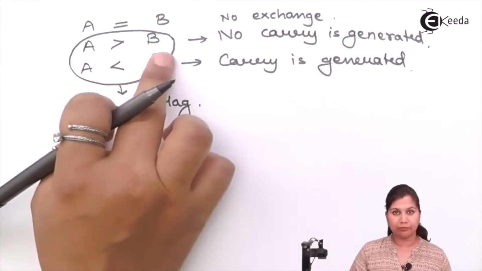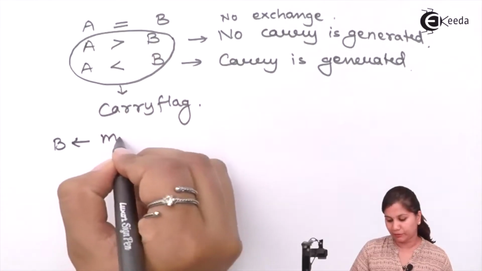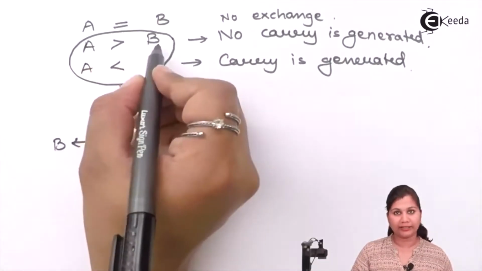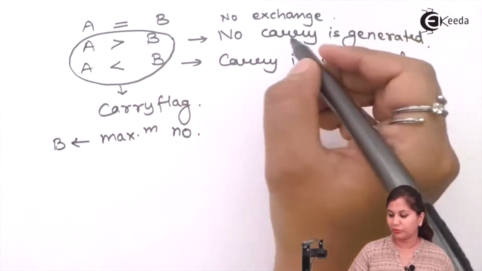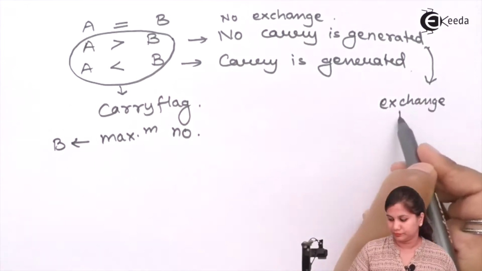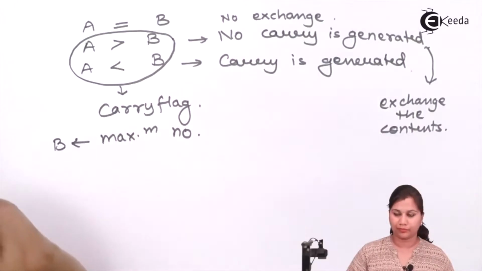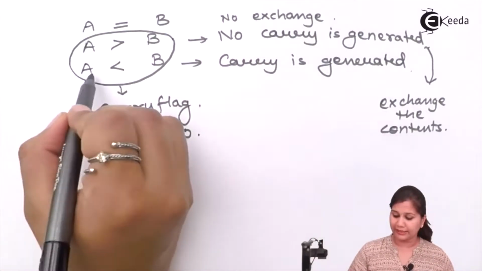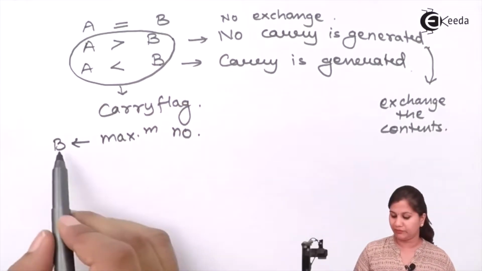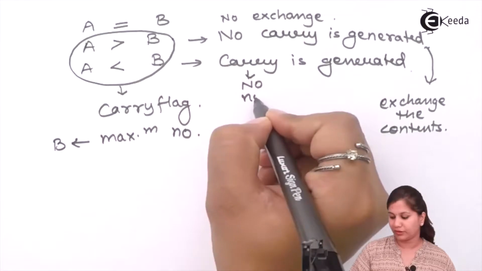When A is greater than B, we want the B register to hold our maximum number, but the contents of A are greater than B. So at that point we exchange the contents, so that in the B register we get the maximum number. Now, when A is less than B, the number in B is greater than A, so B has the maximum number. So in this case also there is no need of exchange.